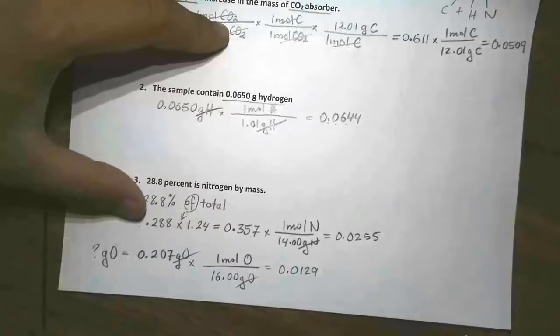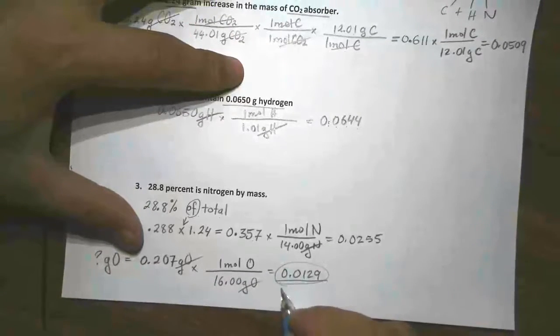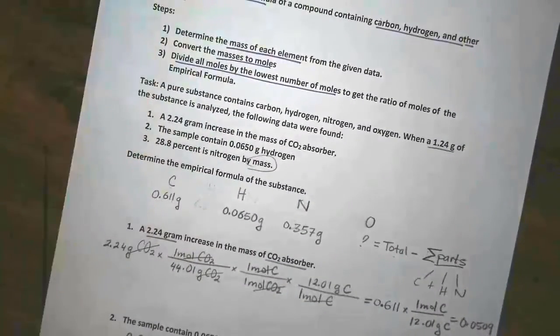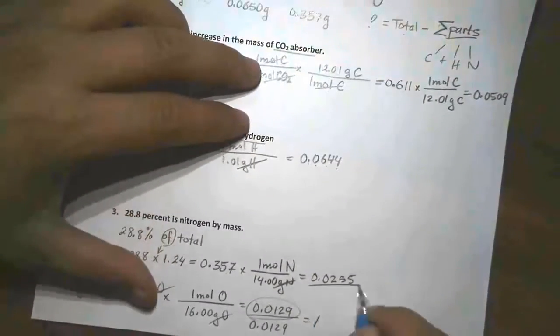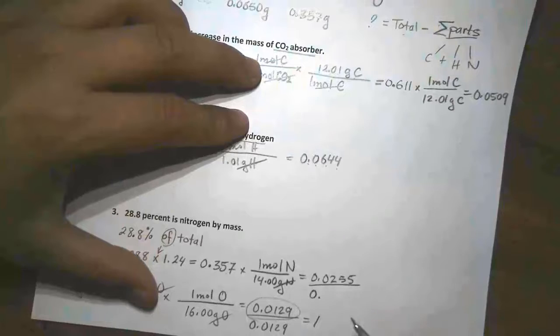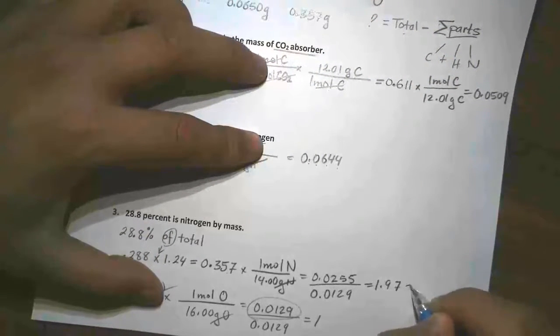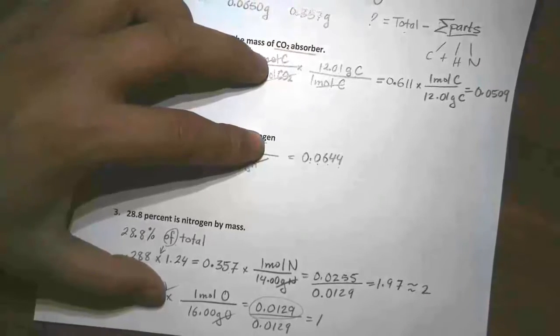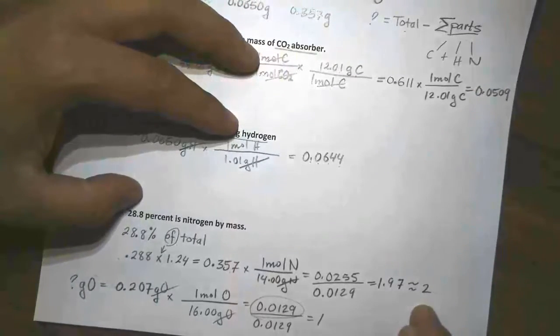This gives us 0.0129 moles. If we look at all the values, this is our smallest number of moles, so we divide by this number of moles. And of course that gives us 1. That's going back to step 3, just like solving for the empirical formula. Now let's go back over here, and we divide by that same number, which gives us 1.97, and we can round that to 2 easily. So that tells you that this chemical formula has 2 moles of nitrogen.